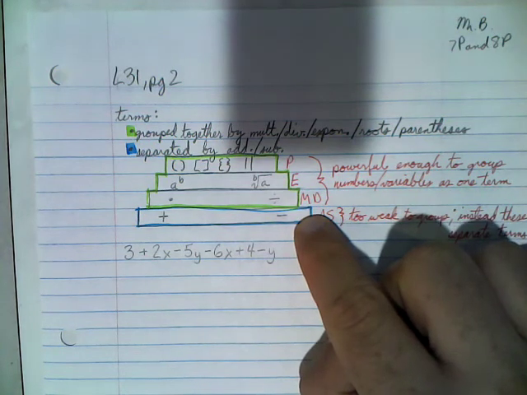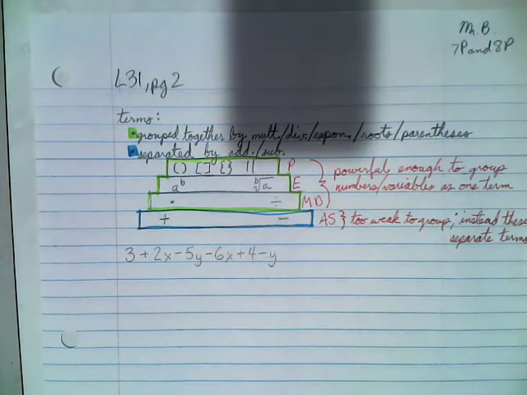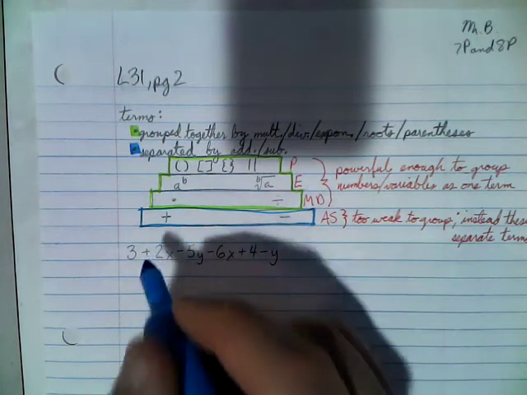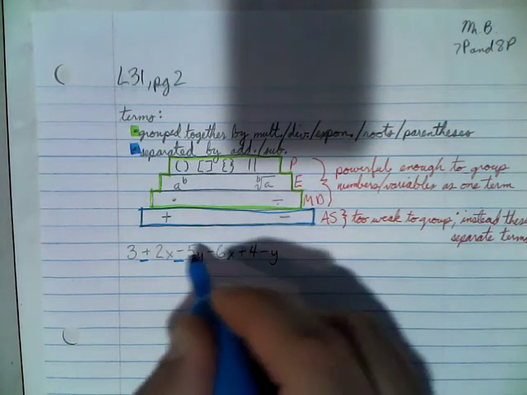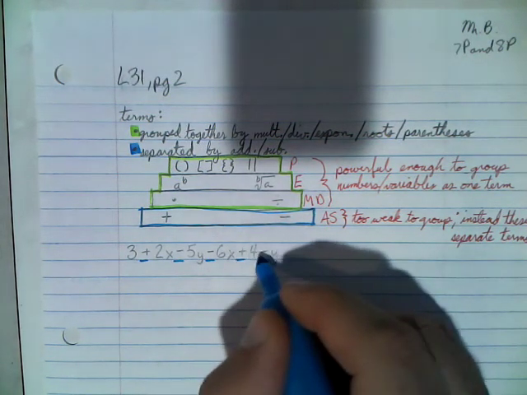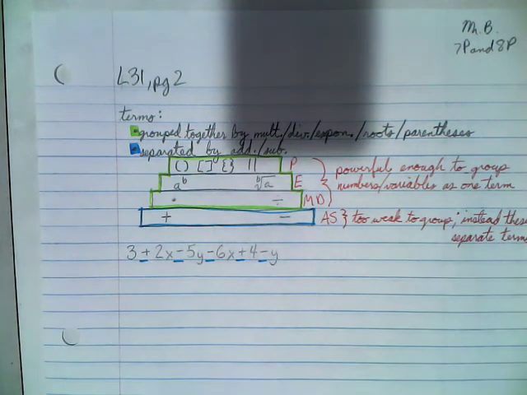So that's my blue. Addition and subtraction separate the terms. So I'm just going to take my blue and underline everywhere that I have addition and subtraction. That is separating my terms.